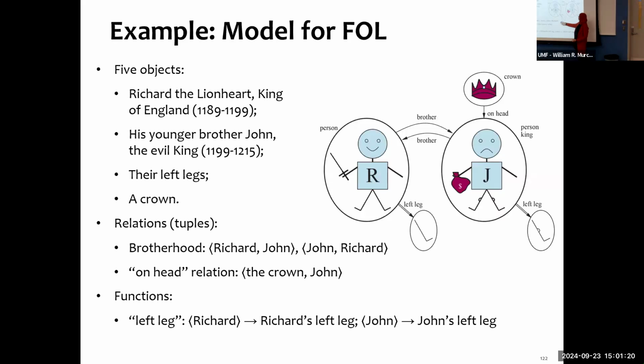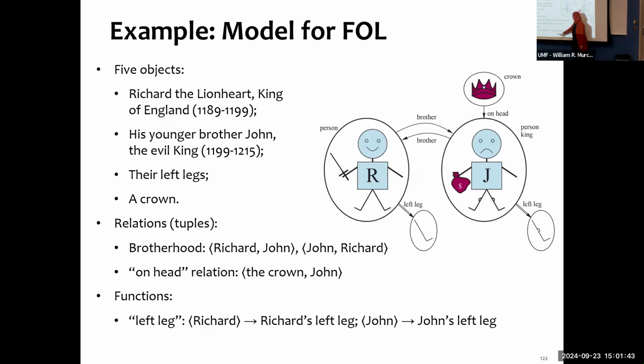So we can expect Richard is the person going on the right path, doing good, and John is completely the opposite. So what is the relationship between these two guys? Richard is the brother of John and vice versa. John is the brother of Richard.